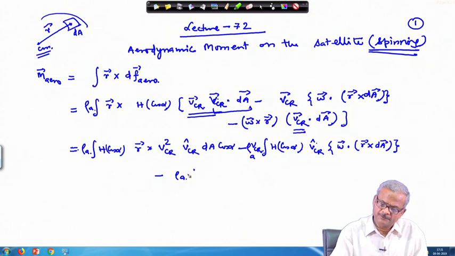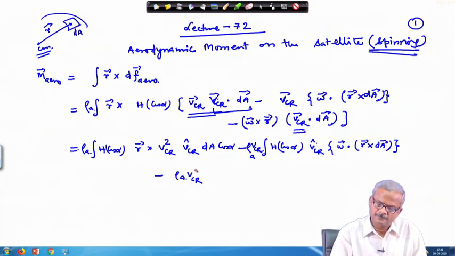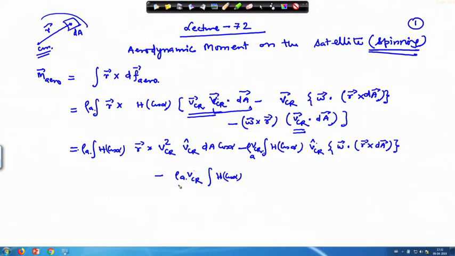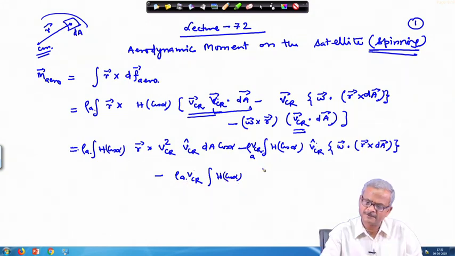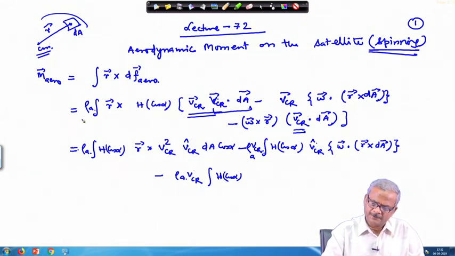Similarly, from here also we can take out the V_CR. So rho A times V_CR h cos alpha we are picking up here, and here the part r cross we have missed out.